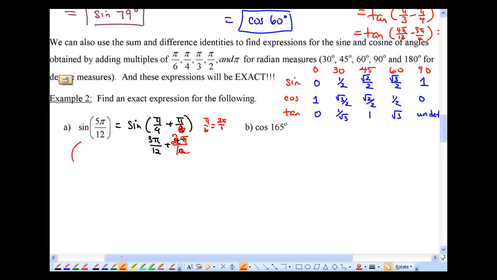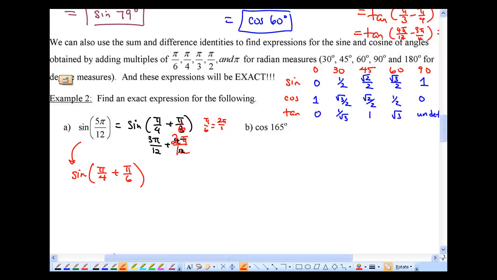So I think what we just found out here, and please write this down, is that sine 5 pi over 12 is the same thing as sine of pi over 4 plus pi over 6. And once you found that, then you have your expressions for a and b, and life is pretty straightforward now. Just plug it into those sum or difference identities, and let's see if we can find what the exact value is going to be.